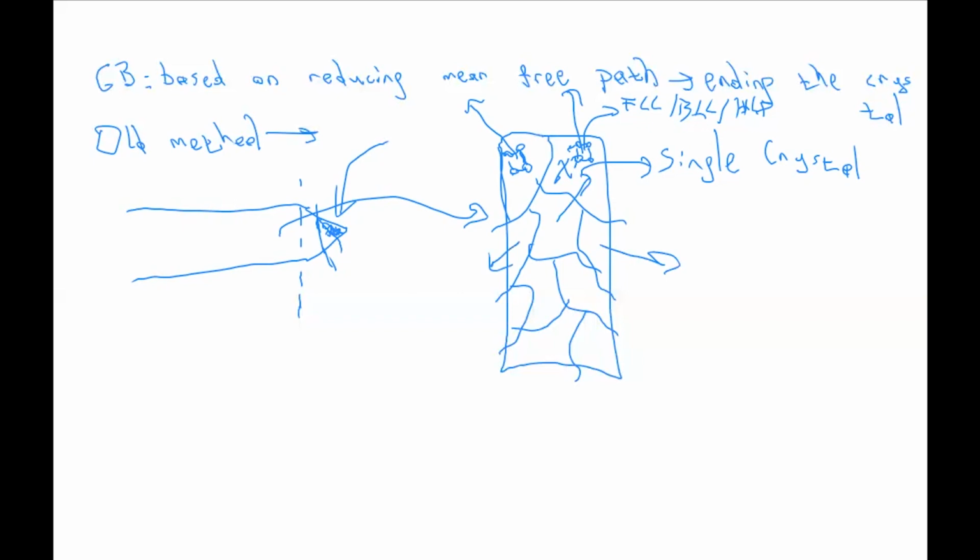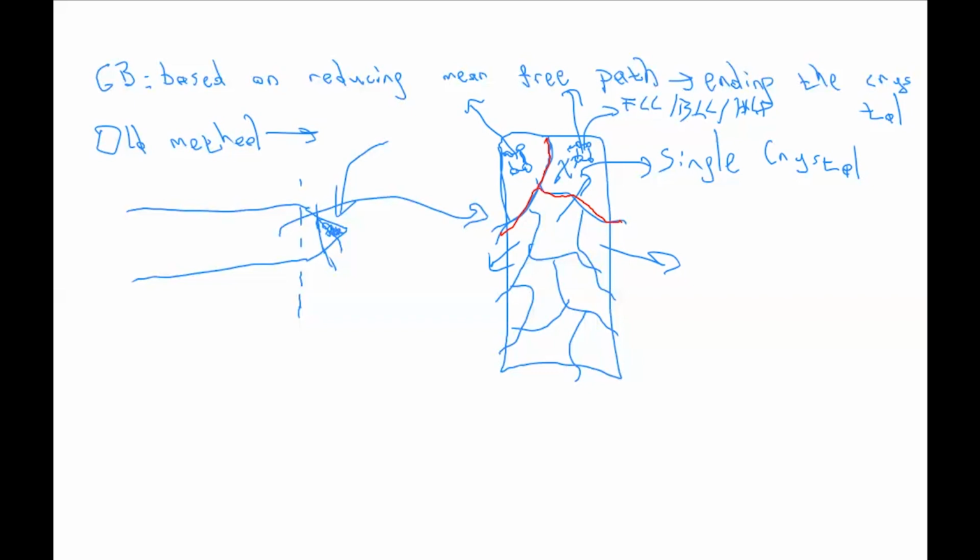They have different orientations and are separated from the neighboring grain by a grain boundary. These are all grain boundaries which separate different orientations of atoms.